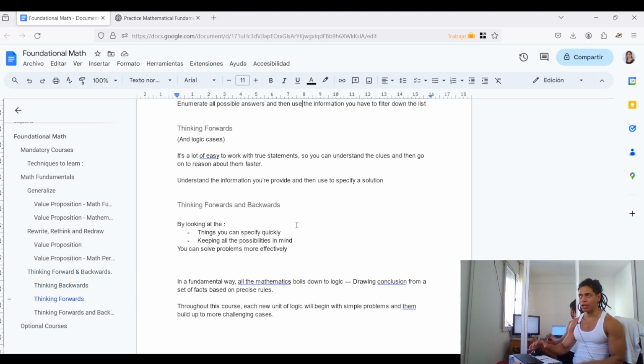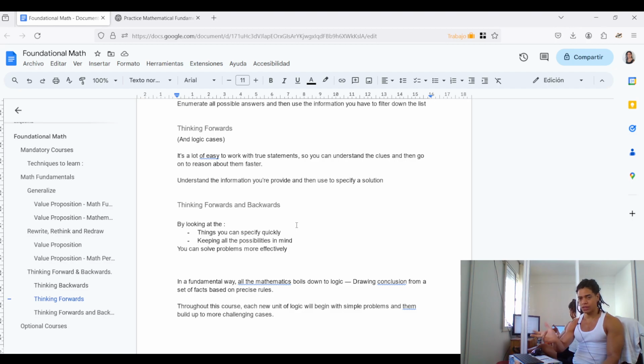So by looking at these logic problems, thinking forward is first to understand the information you are provided, and then use it to specify a solution.